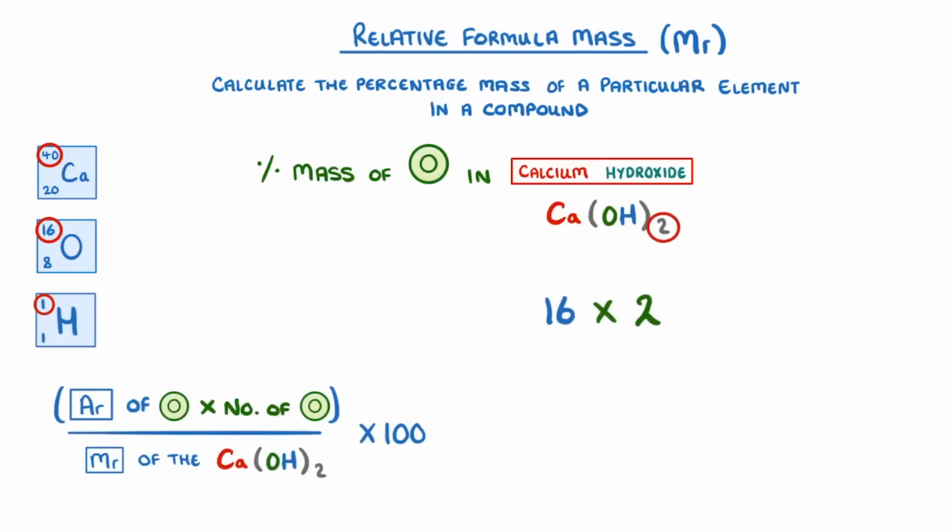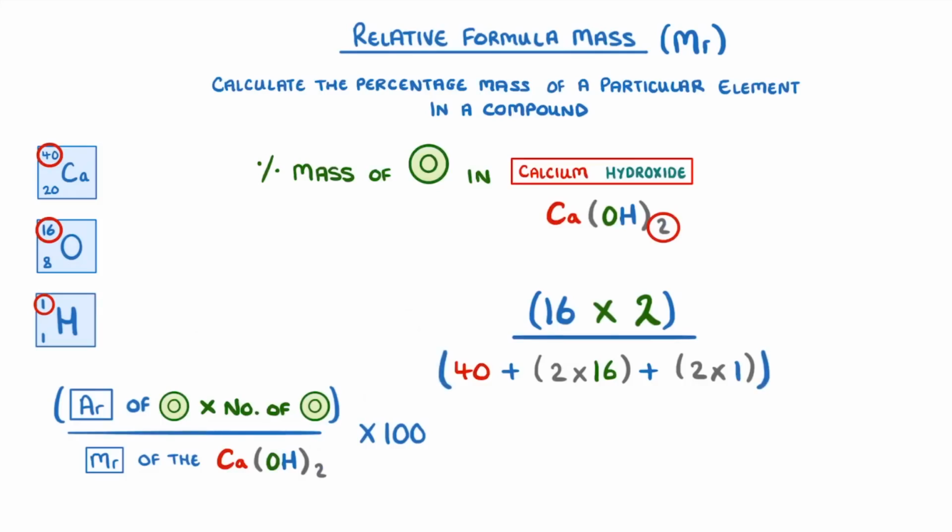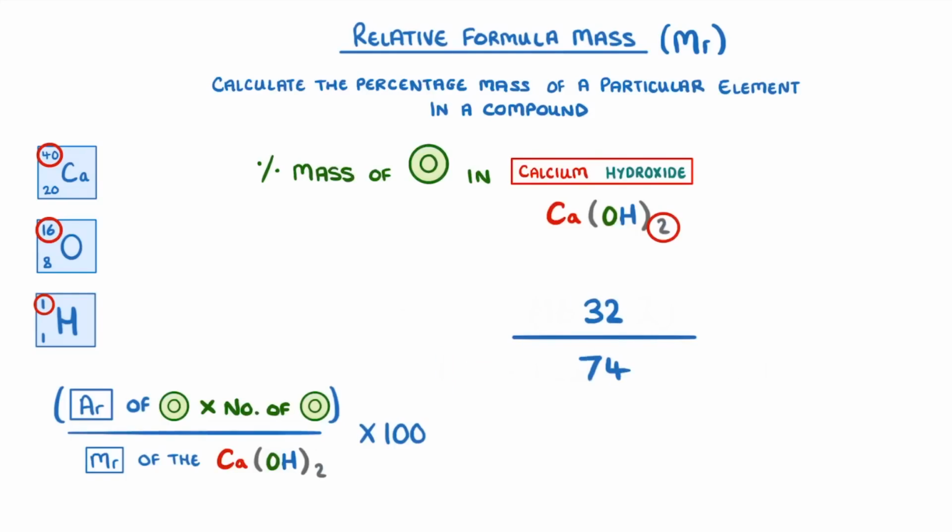Remember, the 2 after the brackets applies to both the oxygen and the hydrogen. Then to work out the Mr, we do 40 for calcium, plus 2 times 16 for oxygen, and 2 times 1 for hydrogen. So if we simplify it, we get 32 divided by 74, which we times by 100 to give us 43.2%.